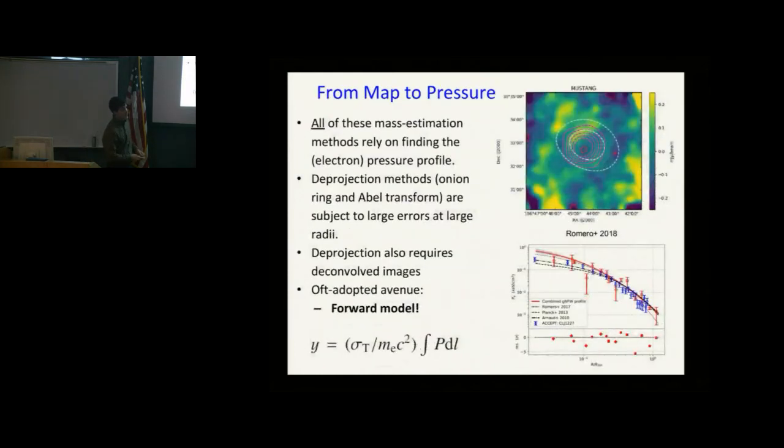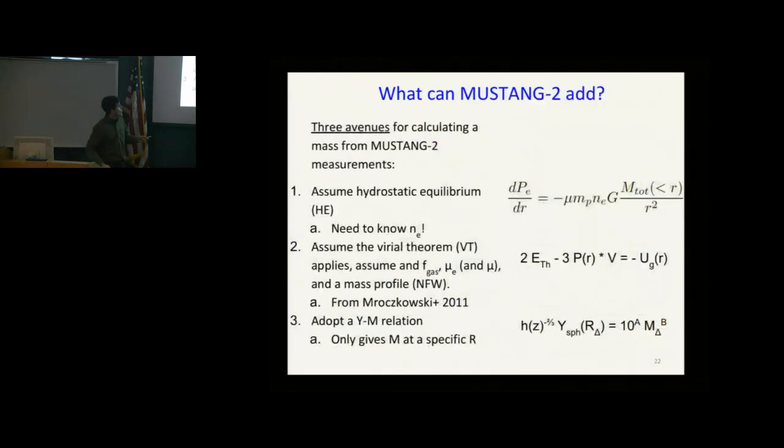You assume no scatter, I guess, for the last one. We do include a systematic based on the errors that the Y-M relations report, but not an intrinsic scatter between mass and Y. Well, often they report their uncertainties based on the intrinsic scatter.